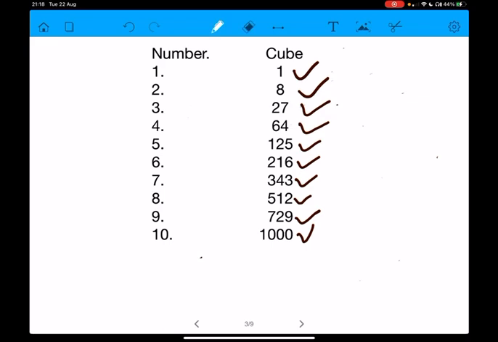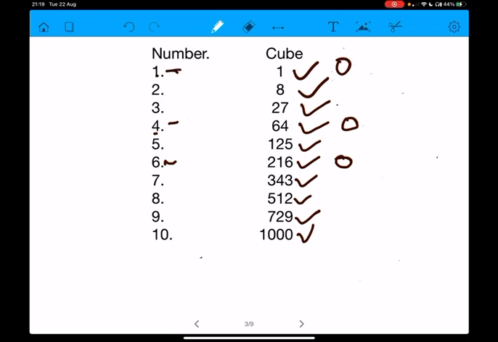If the cube of a number ends with 1, as shown here, then the cube root has to end with 1. Similarly, if it ends with 4, then the cube root has to end with 4. If a perfect cube ends with 6, then the cube root has to end with 6.